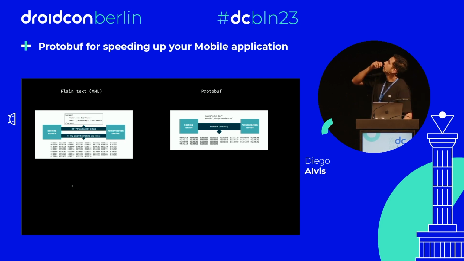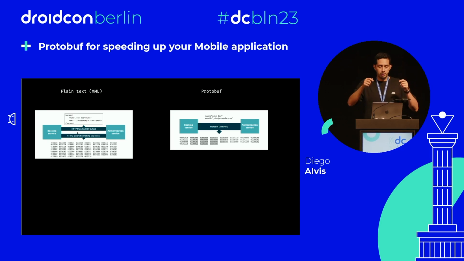This is a practical example of how the data looks. We're seeing here the data in plain text. In this case, we're using XML. And we're sending a basic piece of information, which is a person entity with name and email. Right?